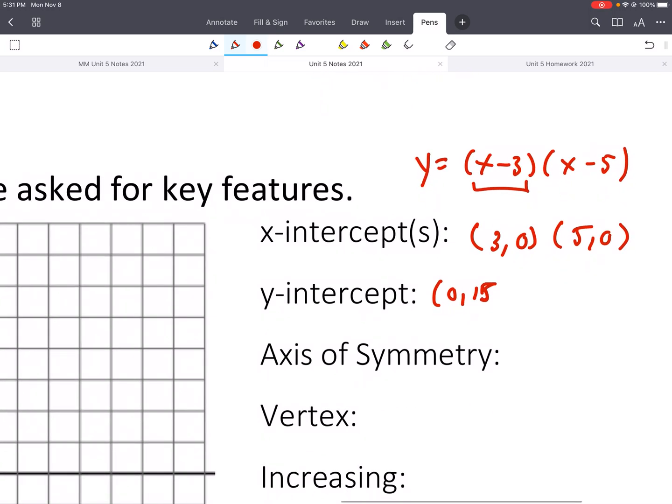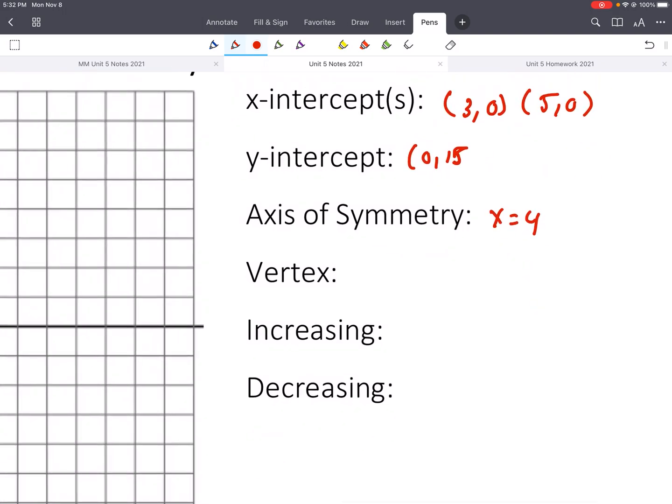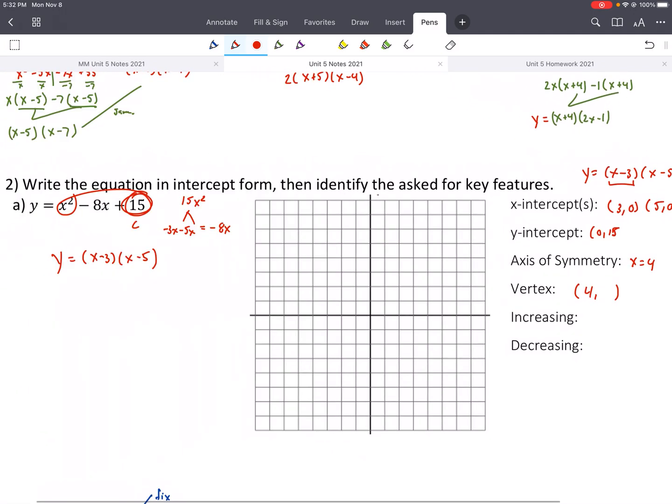Axis of symmetry, again, it's halfway between 3 and 5, which would be 4. So x equals 4. Vertex, so this one might be a little tricky unless you did it algebraically. So the vertex is 4, something. And that something we can find using our equation. We can evaluate our equation when x equals 4. And it doesn't matter which one you do.